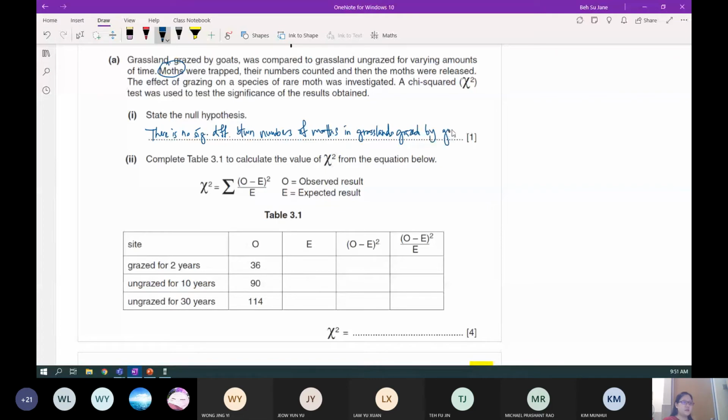Like with a lot of past years, I follow back the question: grasslands grazed by goats or ungrazed grasslands. There is no significant difference between the number of moths in grazed grassland and in ungrazed grasslands. I'm going to go back a little bit so I can fix that.